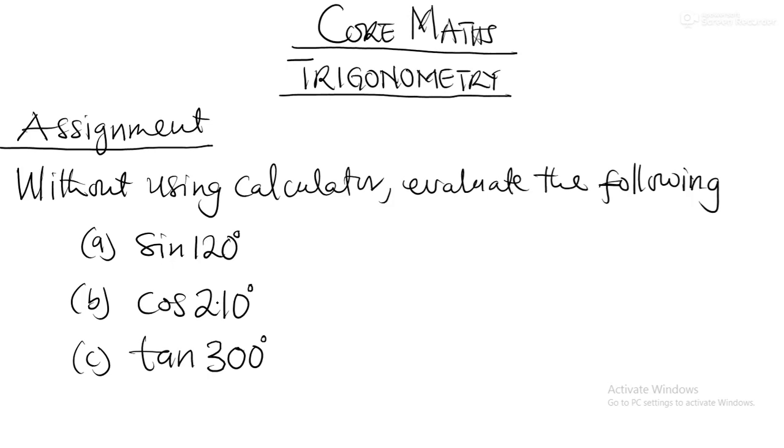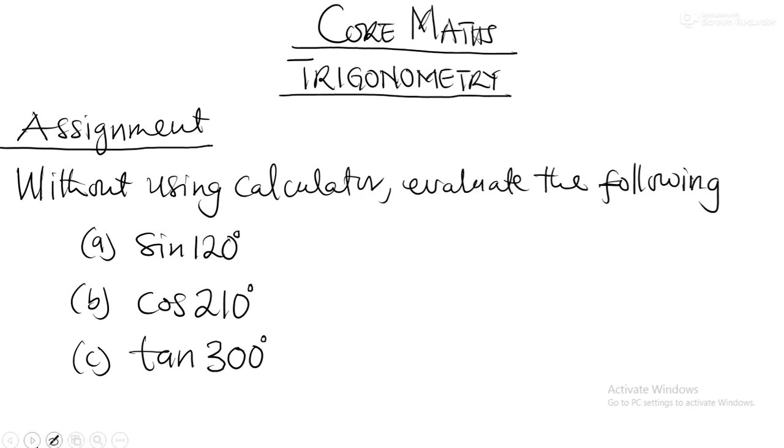We also know that cos is negative in the third quadrant, and so cos 210 degrees will also have a negative value. And finally, tan is negative in the fourth quadrant, and so tan 300 degrees will be negative. So these are the two key things you have to consider before you begin.